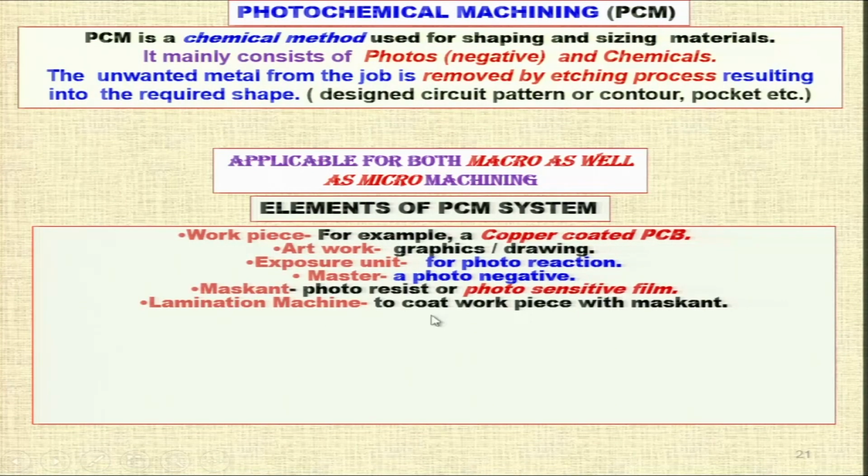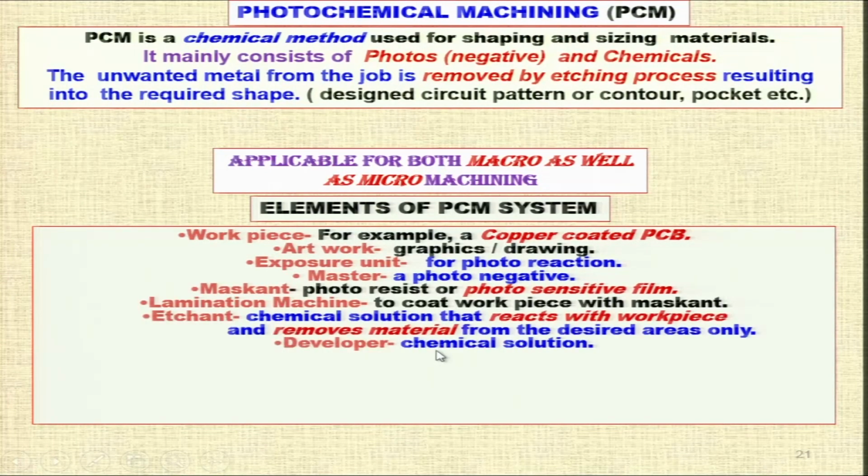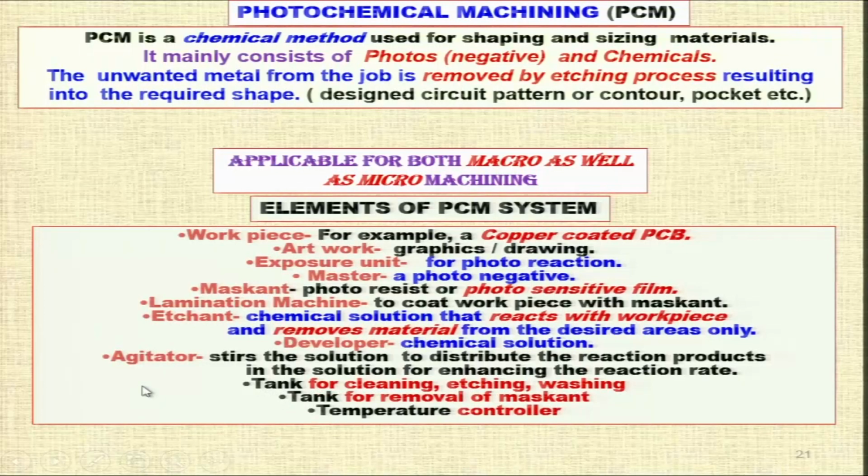Lamination machine to coat workpiece with maskant, because maskant has to be coated or sprayed or cut and applied by different methods on the component. Agent, chemical solution that reacts with workpiece and removes the material from the desired area only, wherever there is no photoresist or no maskant. Developer, chemical solution, developing of the film is done in the chemical solution.